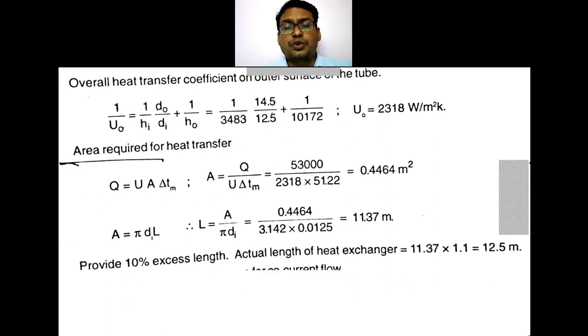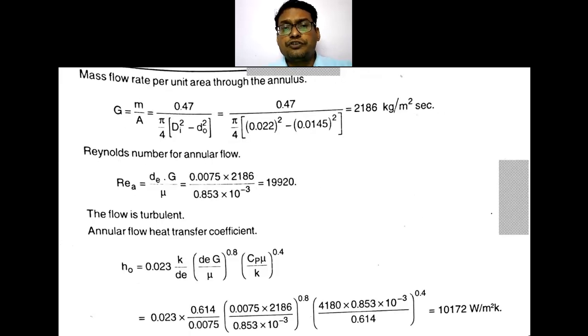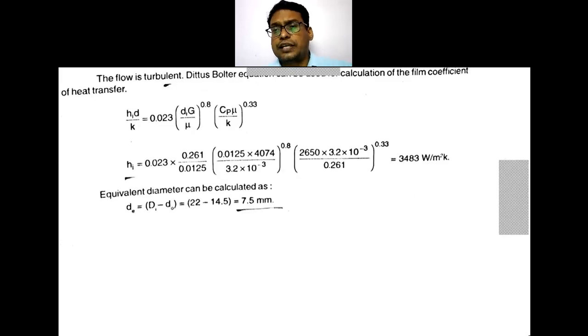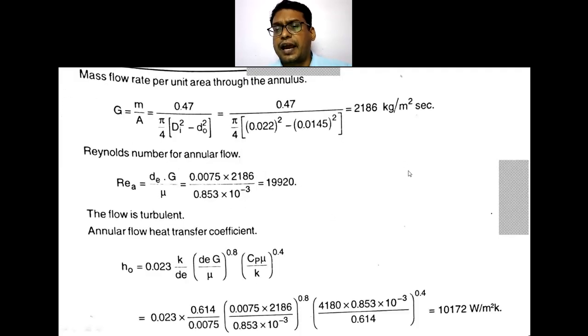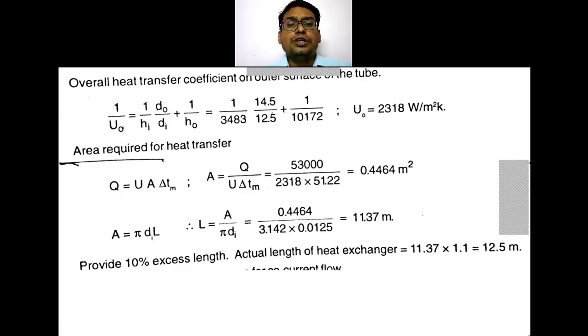So after the calculation of the two coefficients, the inside heat transfer coefficient is 3483 and the outside heat transfer coefficient is calculated as 10,172. So the overall heat transfer coefficient on the outer surface of the tube, UO, we are doing the calculation based on the outside area. That is why we use UO.